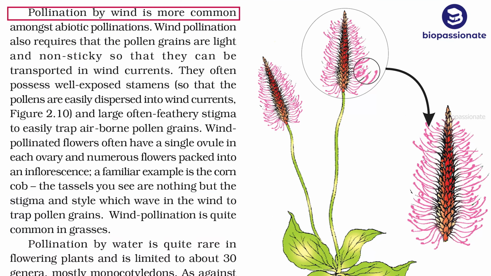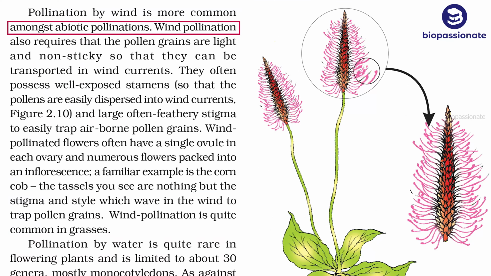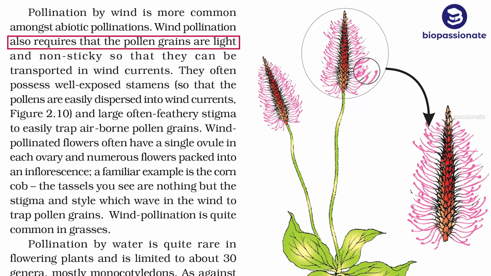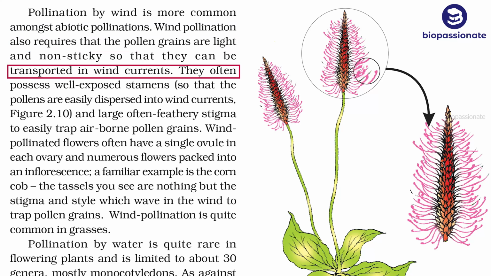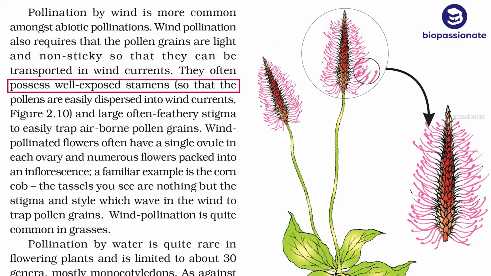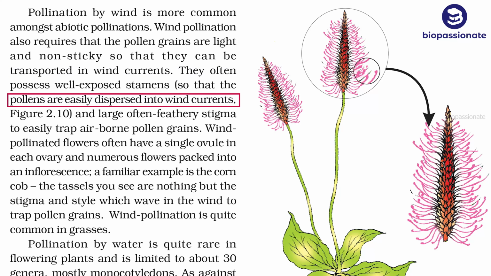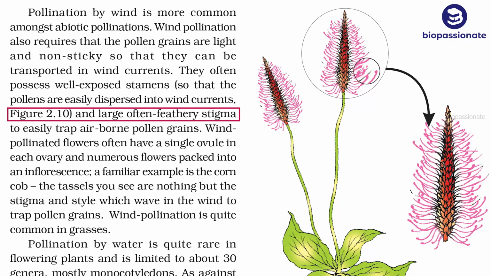Pollination by wind is more common amongst abiotic pollinations. Wind pollination also requires that the pollen grains are light and non-sticky so that they can be transported in wind currents. They often possess well-exposed stamens so that the pollen is easily dispersed into wind currents. Figure 2.10. They also have large, often feathery stigma to easily trap airborne pollen grains.